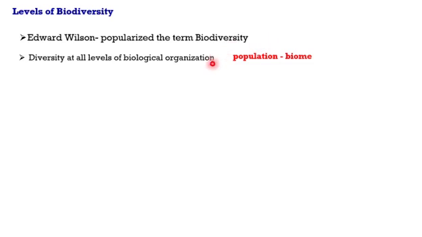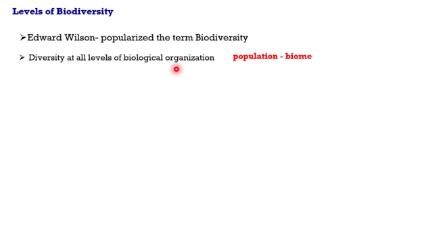Remember in your lower class you must have studied that a single cell organism develops into tissue, becomes organ, becomes organ system and individual, and that individual grows as a population. Likewise you have different types of animals and plants that produce populations, and all these populations collectively we call community.